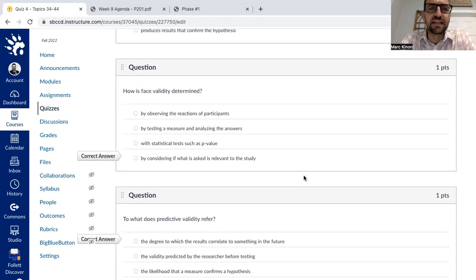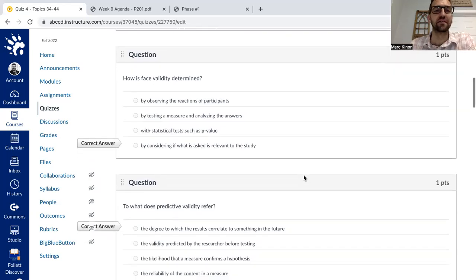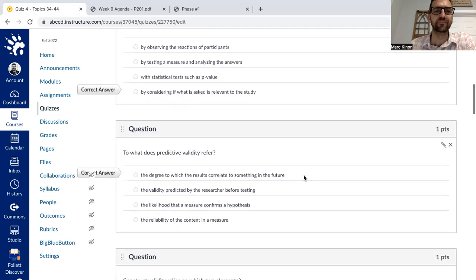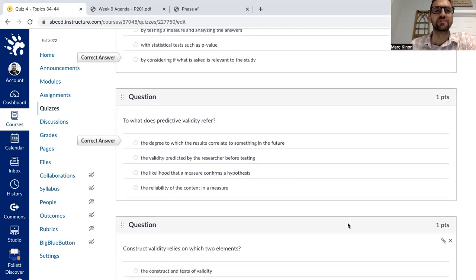How is face validity determined? By considering if what is asked is relevant to the study. Okay, we'll leave that at that. To what does predictive validity refer? The degree to which the results correlate to something in the future, which makes sense, right?